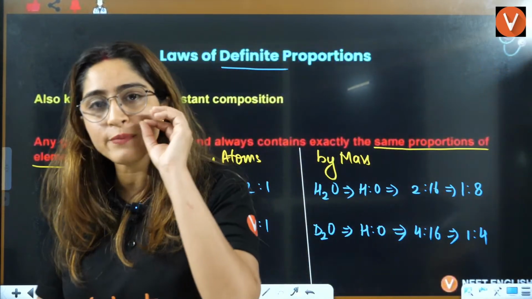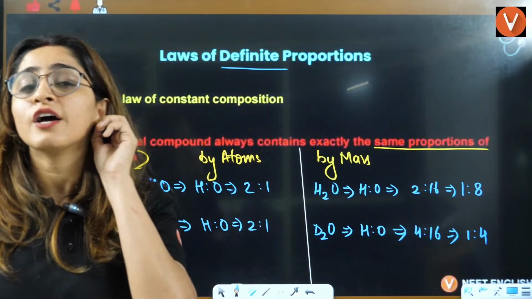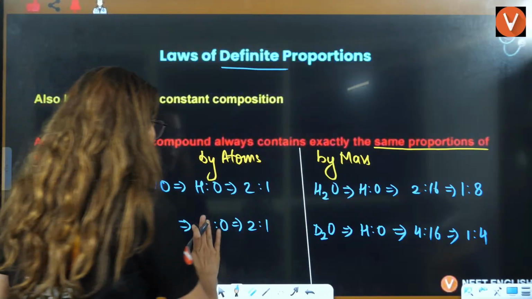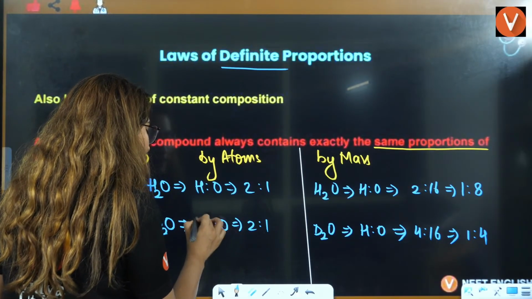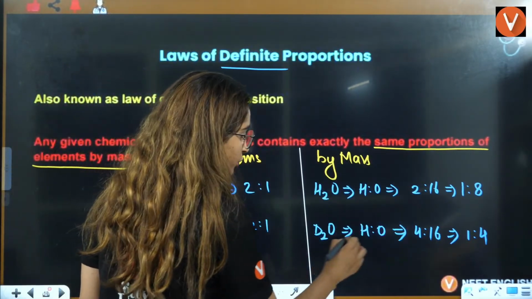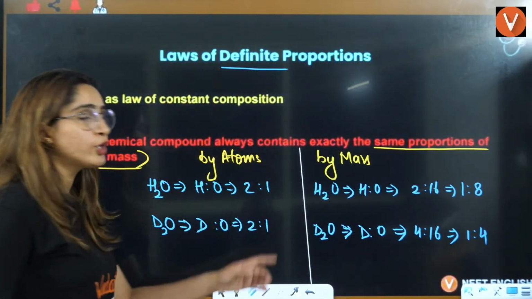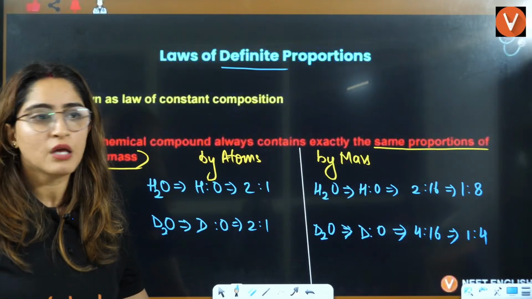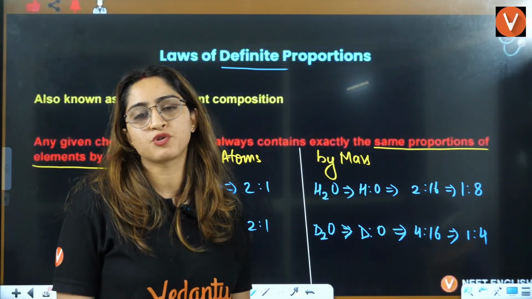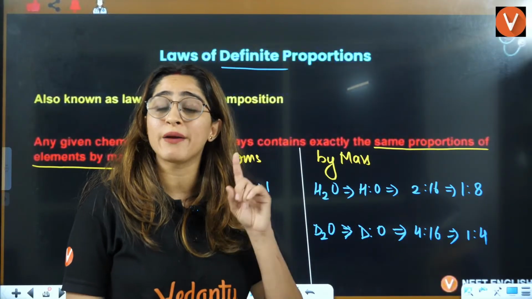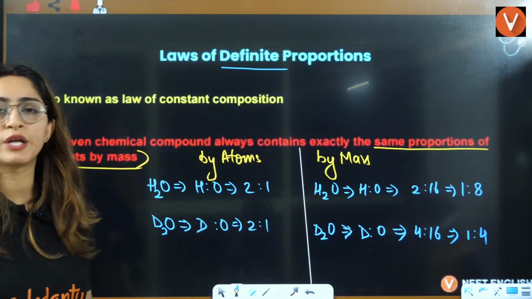So that's why I am specially mentioning that we have to focus on the isotope also, right? If I write deuterium only here, then you can say deuterium to oxygen is going to be 1:4. D2O is always going to be 1:4 by mass, and by atoms it is 2:1.